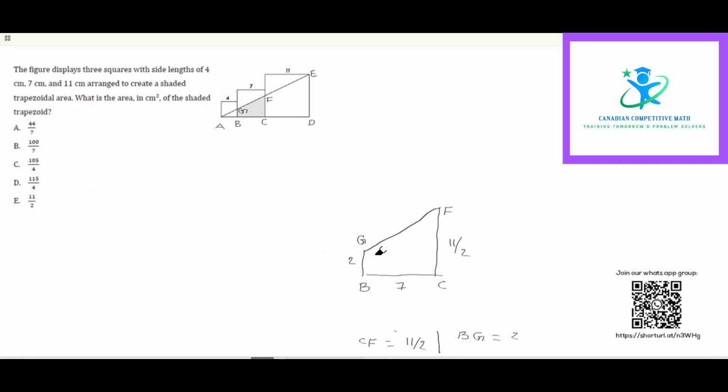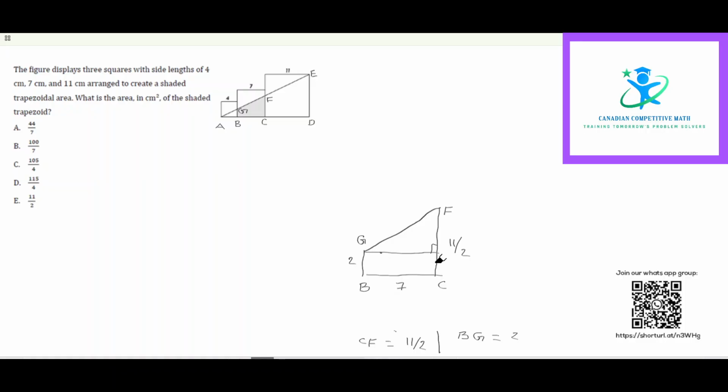Now, if I draw a line from this that is parallel to the bottom line, it touches at a 90-degree angle.